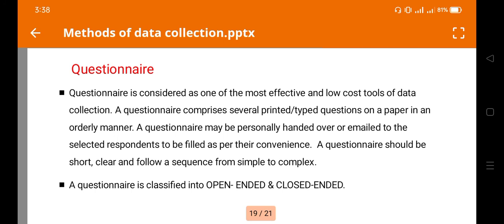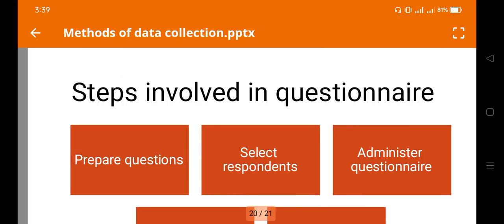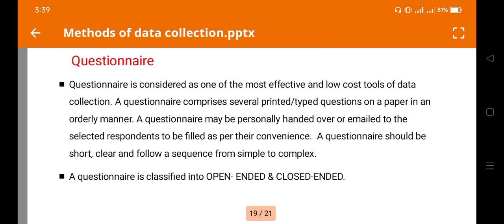So a questionnaire is classified into open-ended and close-ended. So there are open-ended as well as close-ended questions involved in this.